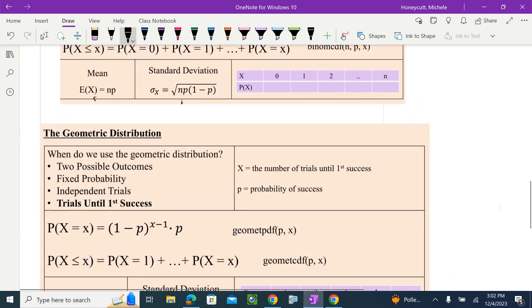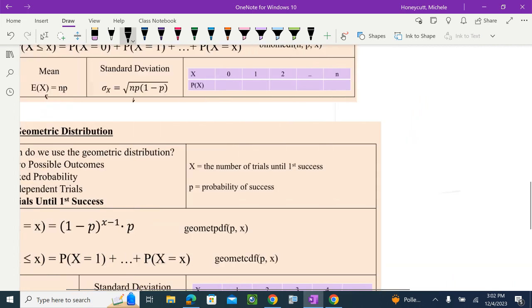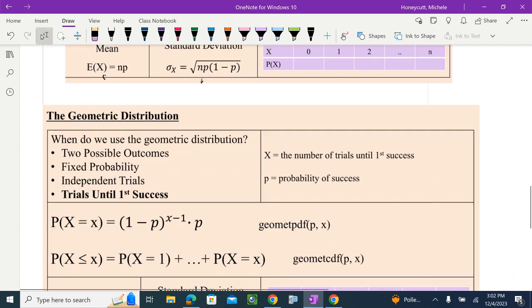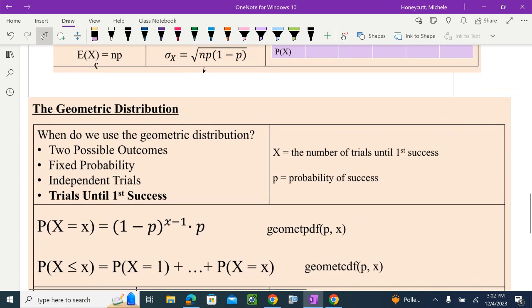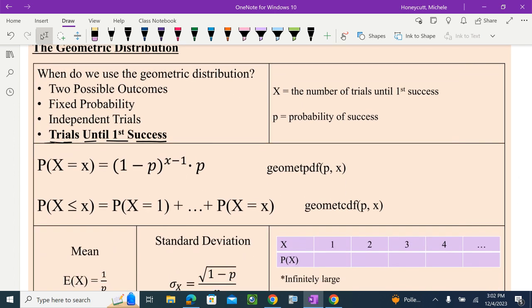For the geometric distribution, the criteria are very similar, except instead of having a set number of trials and counting the successes, you are going to see how many trials it takes to get your first success. And that's the difference between binomial and geometric. So we had our formula for geometric distribution.